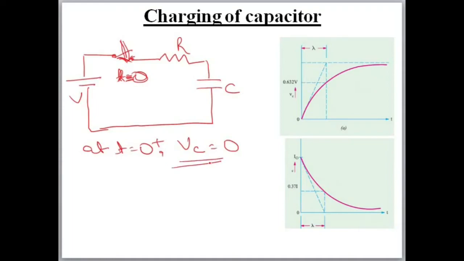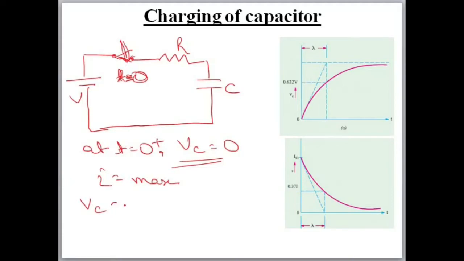It will take some time to build up voltage, and current will be maximum. You can see in this figure, at t equal to 0, voltage Vc is 0 and slowly it will rise, and current is maximum and slowly it will fall.